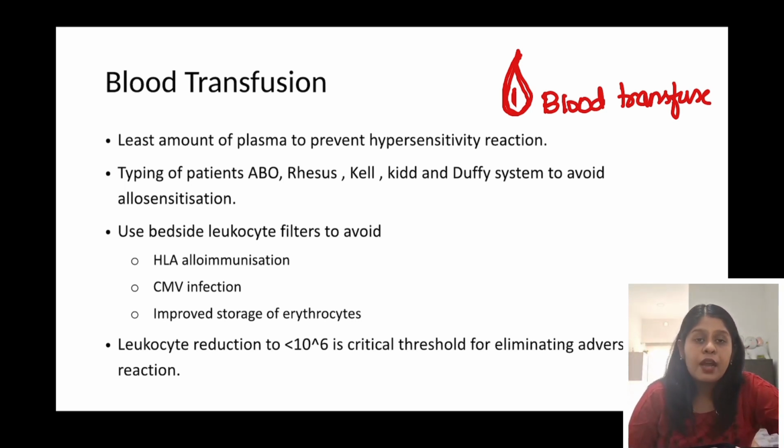Besides that, you have to use a bedside leukocyte filter to prevent HLA alloimmunization, CMV infection, and to improve storage of erythrocytes. Leukocyte reduction to less than 10^6 is a critical threshold for eliminating these adverse reactions.